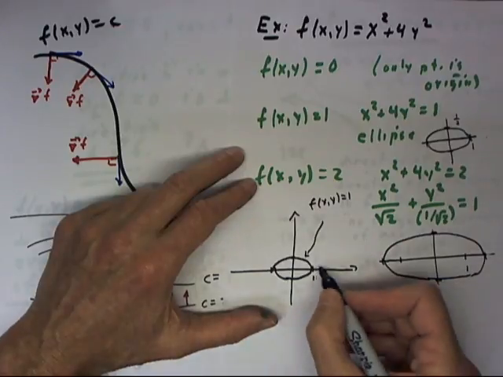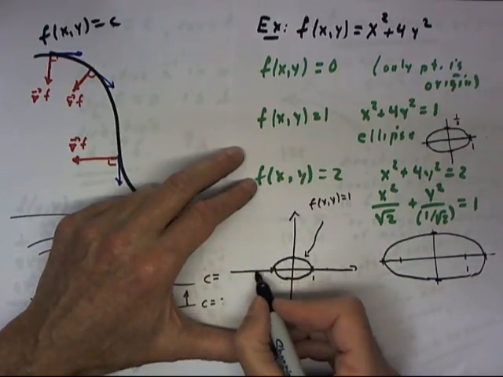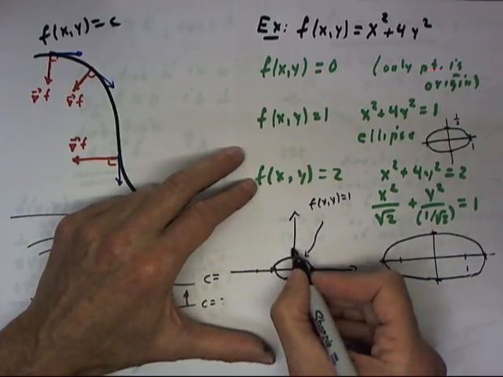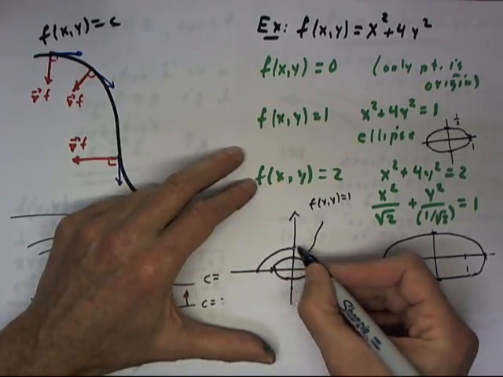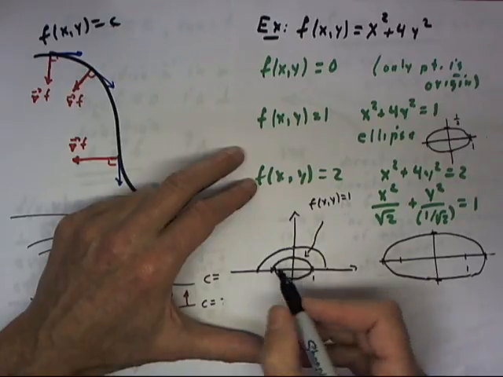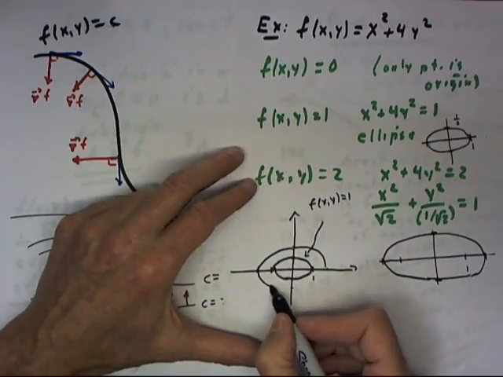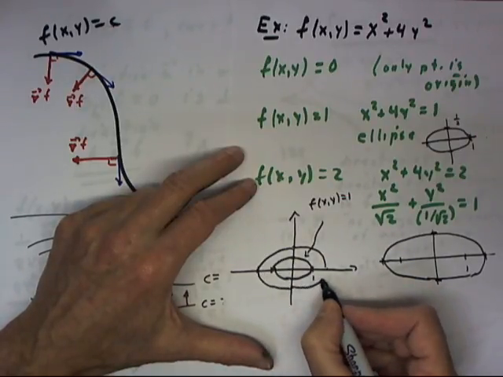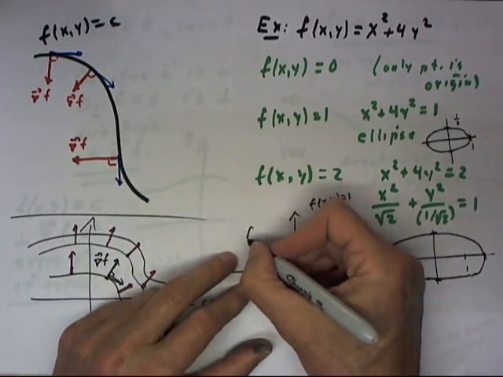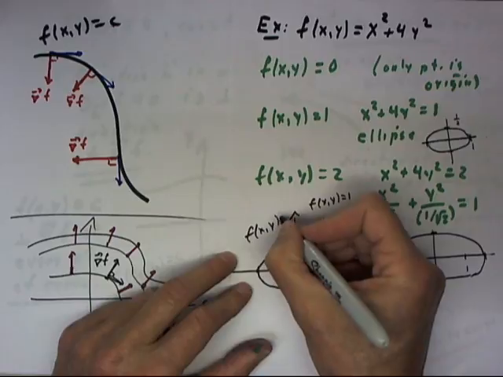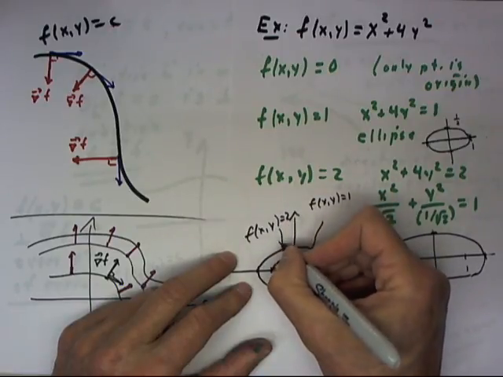Our f of x, y equals 2 curve, well, it's going to be about 40% greater in both directions. Values of x and y will be about 40% greater. I didn't do a very good job at that vertex, and probably not at this one. But we see that this is f of x, y equals 2.